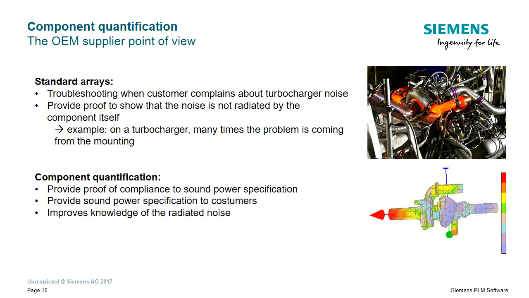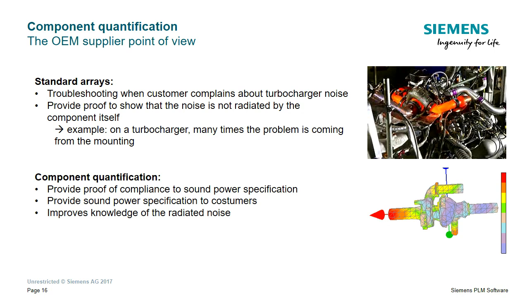There's another example here on the same theme where it shows more the OEM point of view, where in this case we have a turbocharger. And with a turbocharger we often have a complex way to attach this turbocharger to the rest of the engine. So there's actually tubes. And many times it's not the turbocharger, but it's the way it was mounted and connected to the rest of the engine.